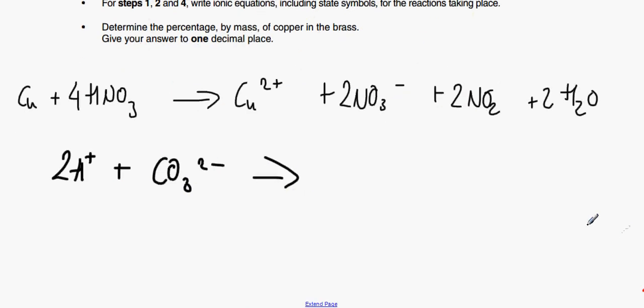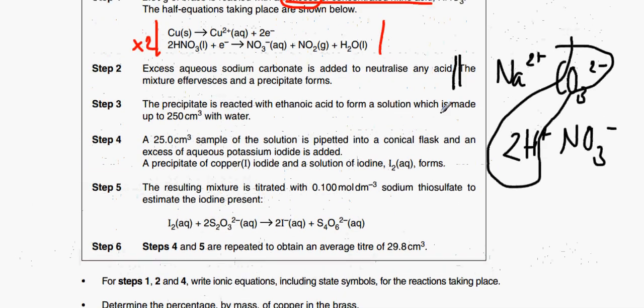That means it bubbles. That means we've got CO2 coming out of there, because we can make CO2 from here, and we've got H2O.